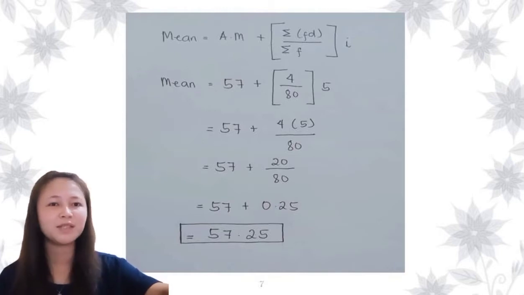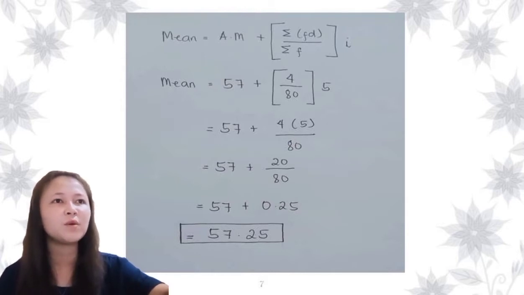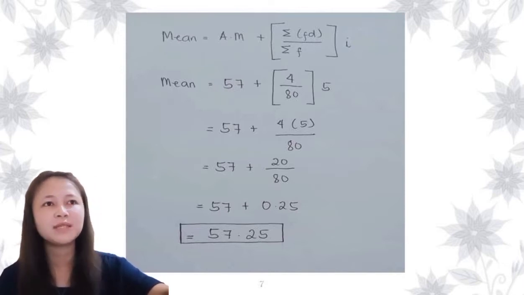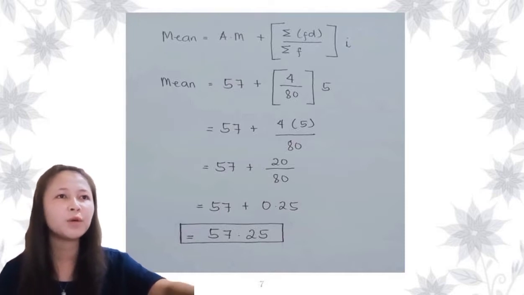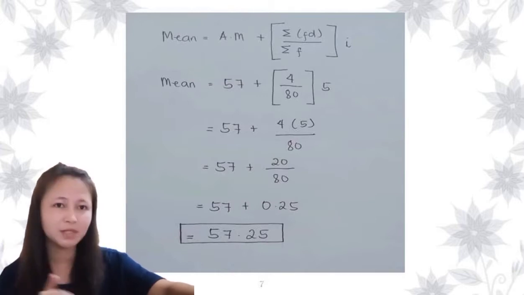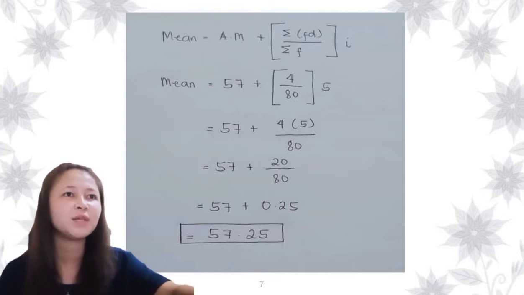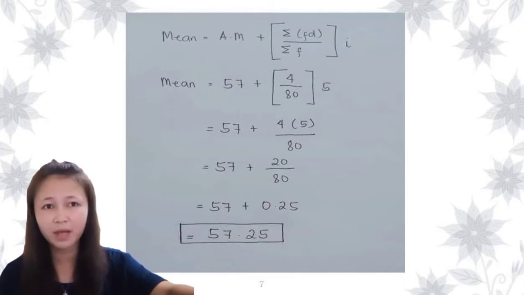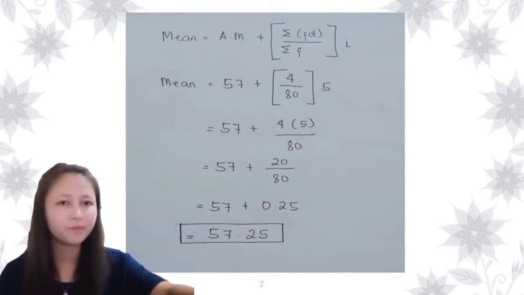Now, let's proceed to the solution. For the formula, mean is equal to AM plus summation of FD over summation of F multiplied by i, or the interval. So we're going to substitute: AM is equal to 57, the summation of FD is equal to 4, the summation of F is equal to 80, and the interval is 5.